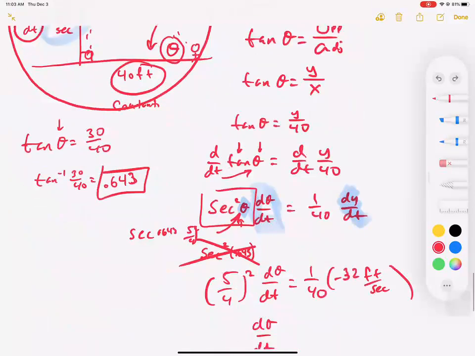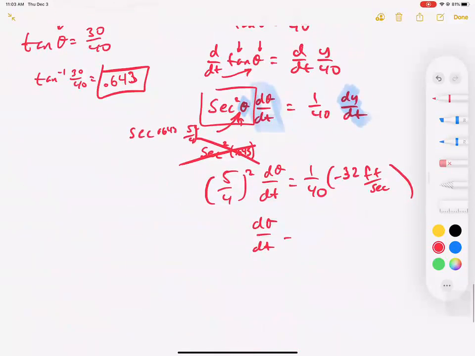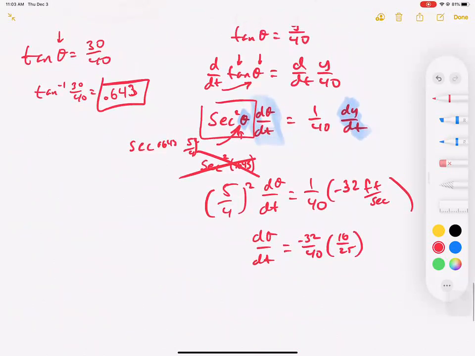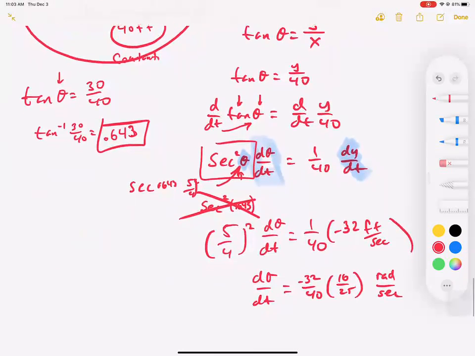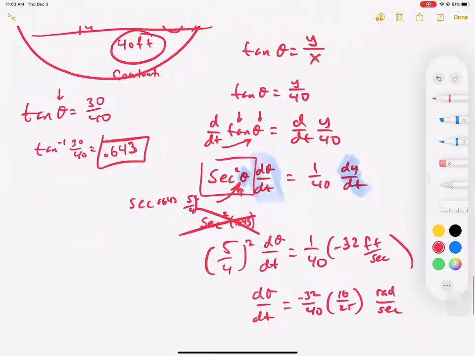Then this is going to become messy, so I'm just going to write it: negative 32 over 40 times 16 over 25, and I'm going to leave it like this. So we're done, and that's our radians per second. This is how fast the angle is changing when I drop my ball from the roof.